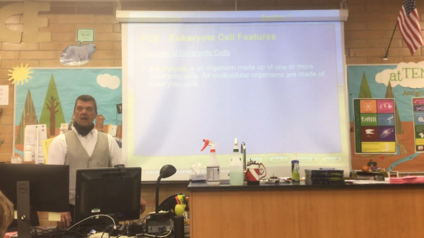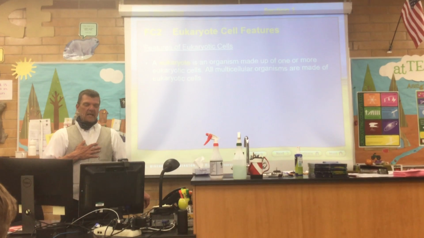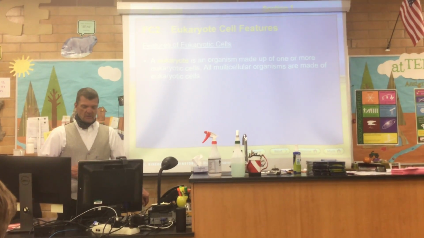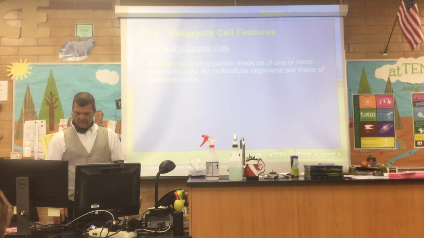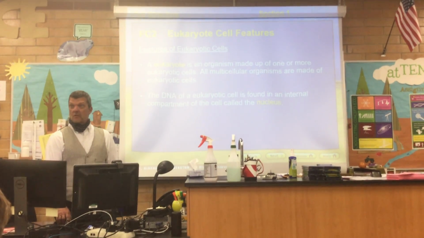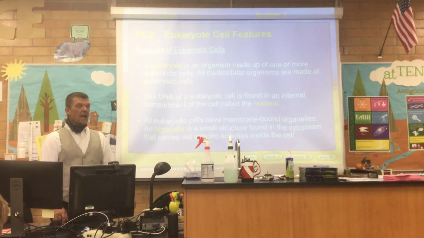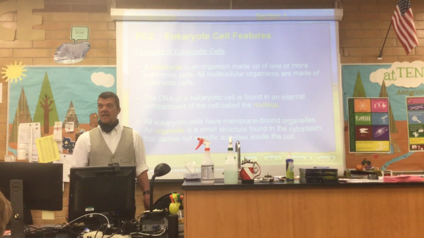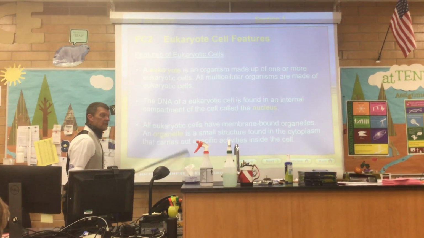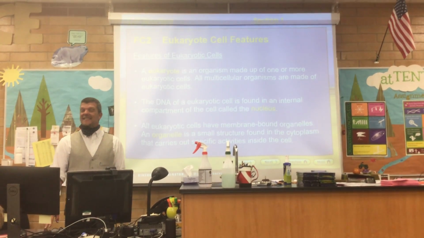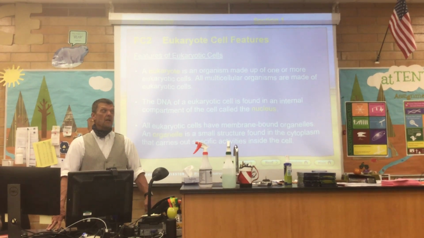But what we're going to talk about mostly is our kind of cells, which are called eukaryotes. Eukaryotic cells do have a nucleus, and they have lots of other cool parts on the inside called organelles. All those cool parts inside our cells, which we're going to learn about, are called organelles.